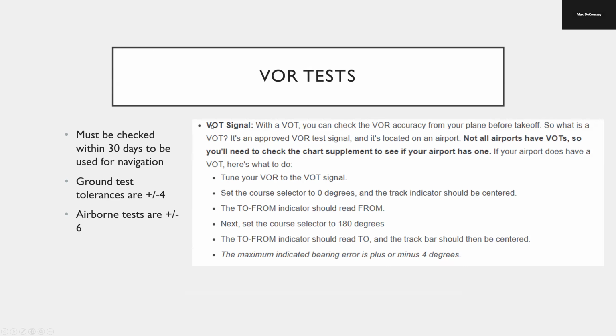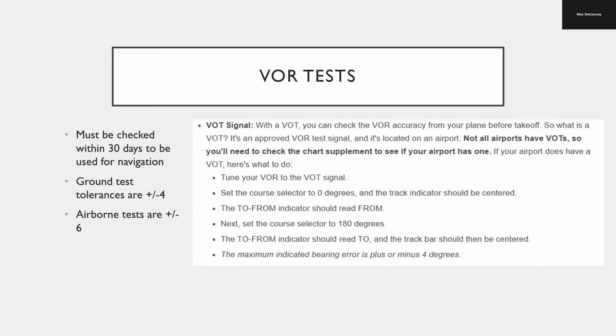Okay, a VOT. A VOT is a test that you will find the frequency for in the Airport Flight Directory. So this is a test that exists at certain airports. You'll go into the AFD and it'll give you a frequency. Let's say it's 108.5. So I tune 108.5 into my nav radio. And then in the AFD, it just tells you the station.